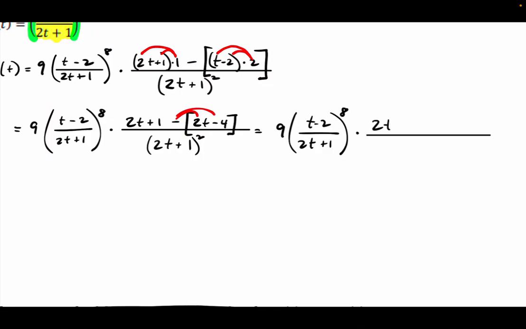So I get 2t plus 1 minus 2t plus 4. Two t's cancel out. Combine like terms, and you get positive 5 on top. So we get 9.